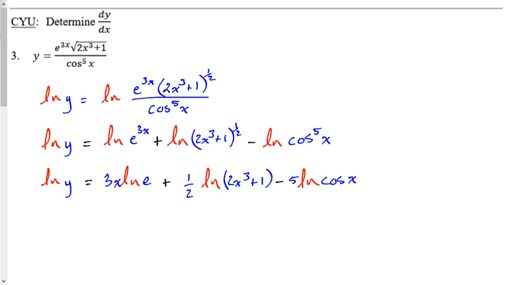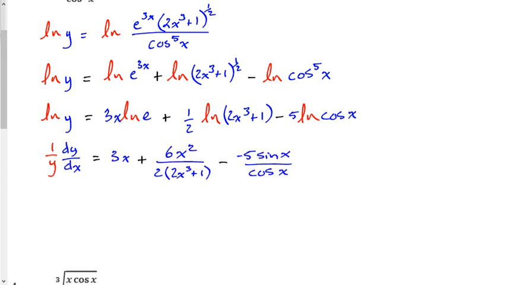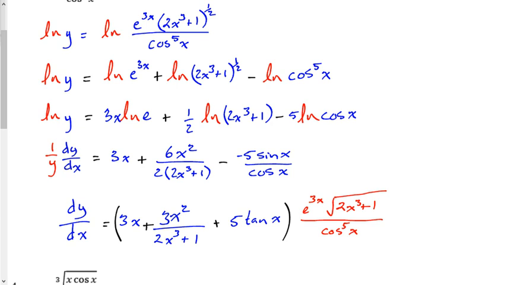And at this point, we are ready to take the derivative of both sides. Having taken the derivative, we can simplify the right-hand side a little bit, and we can multiply the y value over to the right-hand side. And that finishes the question.